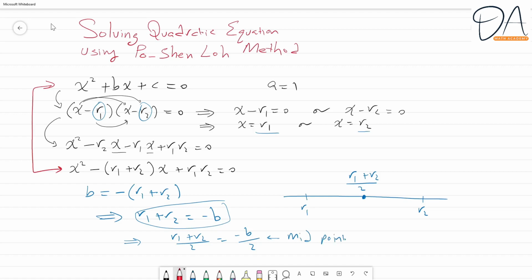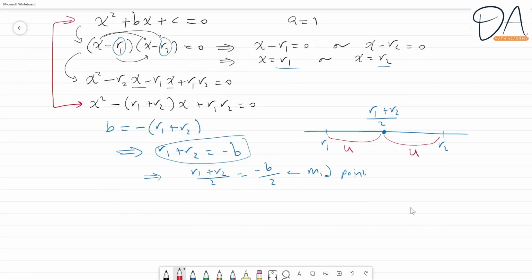If it is the midpoint, what that means is that the distance from this midpoint to r2 is the same as the distance from r1 to the midpoint. If we assume that this distance is u, then this also must be u. And the insight here is that I can write r2 equal to the midpoint plus u, and r1 equal to the midpoint minus u. So this is one thing that we learn from comparing.